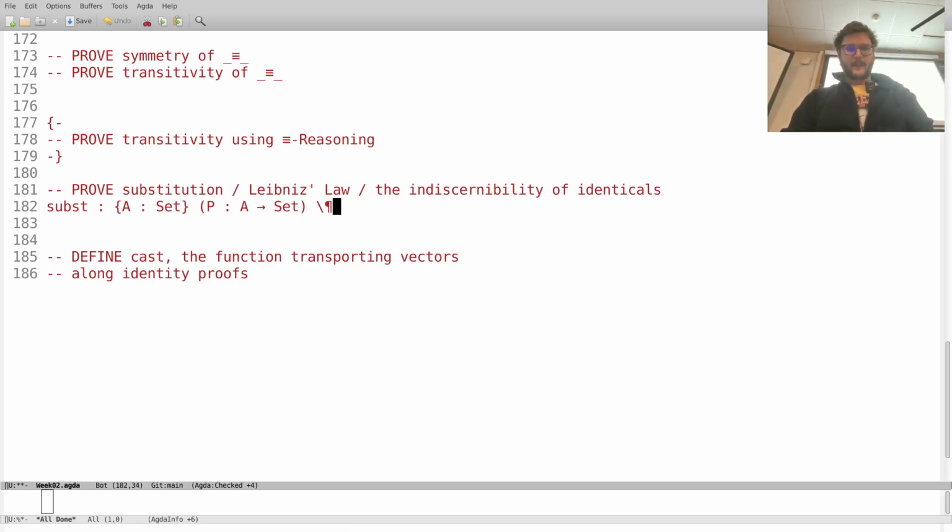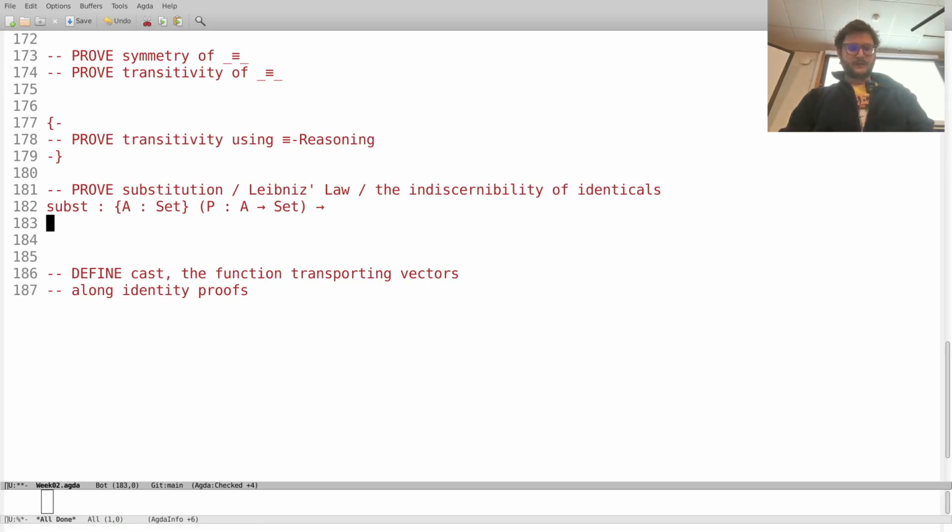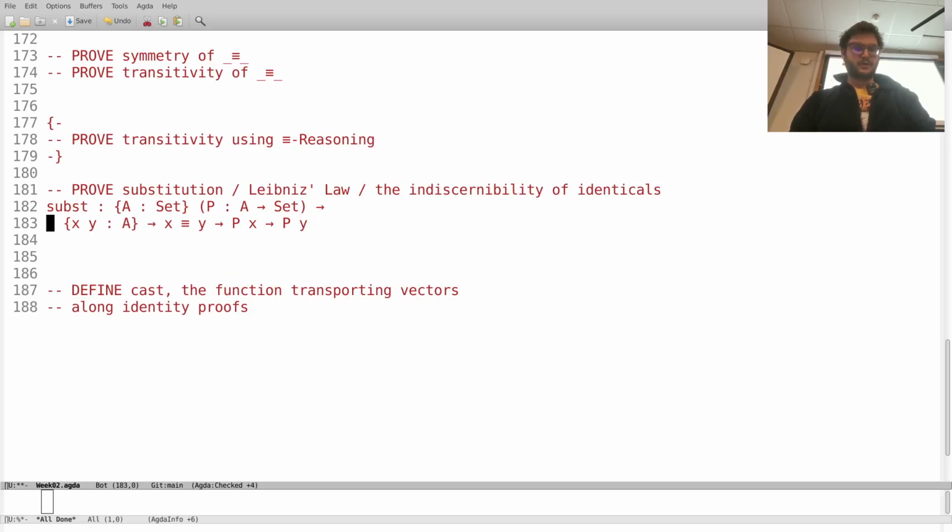Yeah, so something that's talking about A, or it's just talking about a value in A. And then what it means to have Leibniz's law is to say that if you have two values in A and they are equal, then if you can prove that P holds of X, then P should hold of Y.